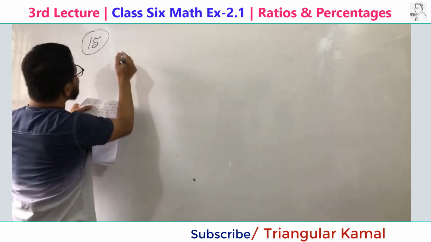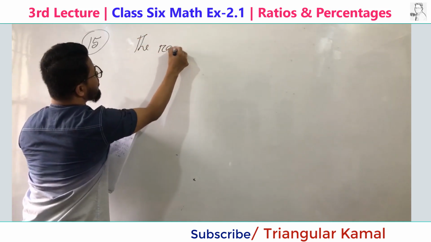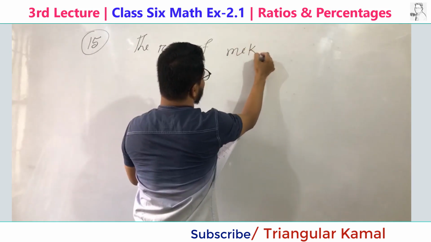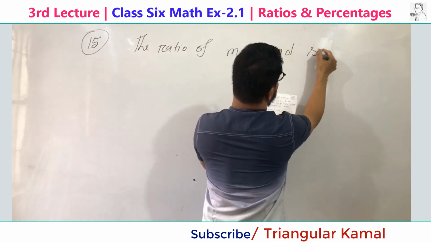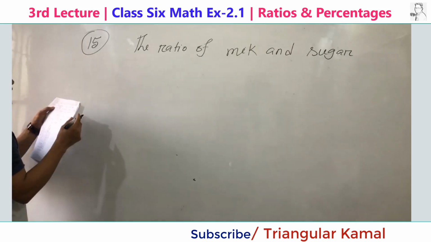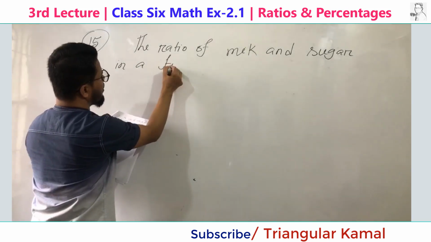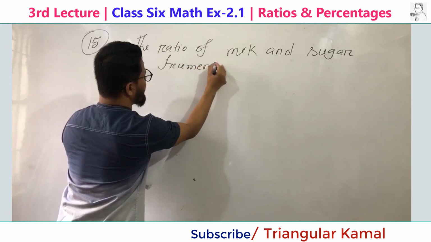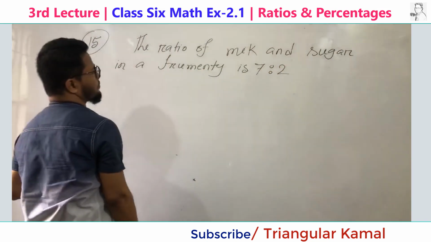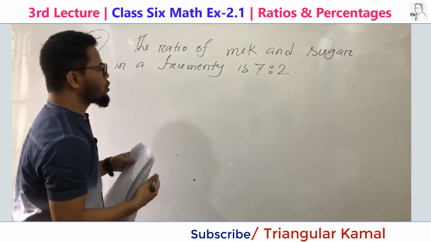The ratio of milk and sugar in a frumenty is 7:2.